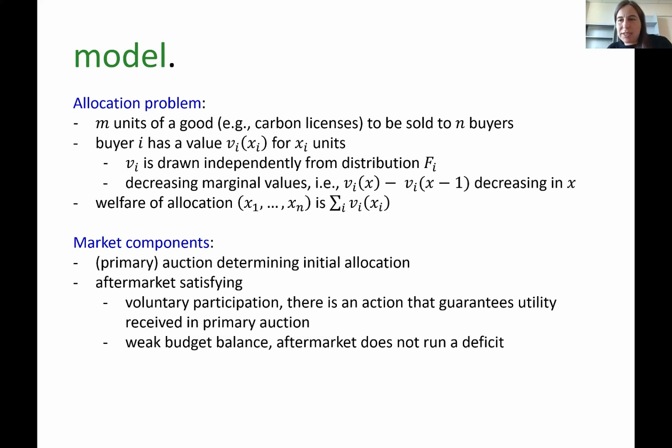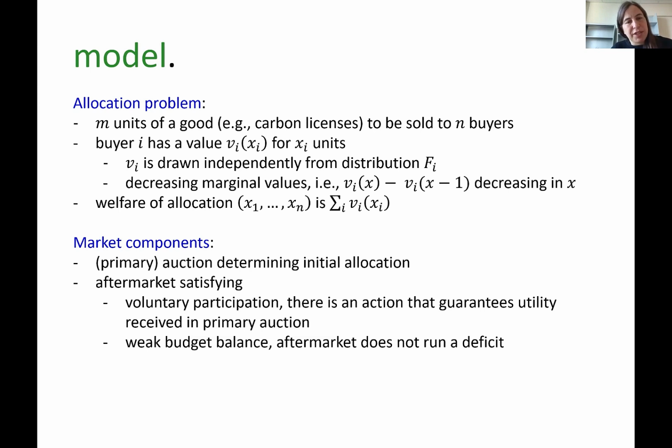So there's some action that says, no, I don't want to participate in the aftermarket. And then I'll also ask for the aftermarket to have weak budget balance. That is, the aftermarket doesn't run a deficit. So trades can happen, and people can exchange payments, but there's no insertion of money from outside to facilitate this.